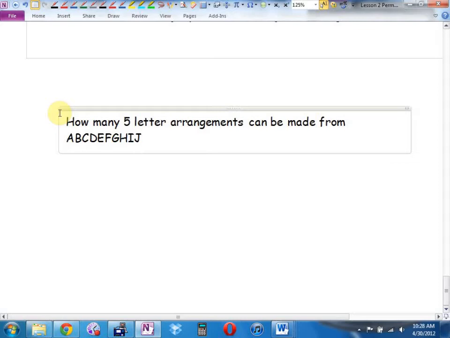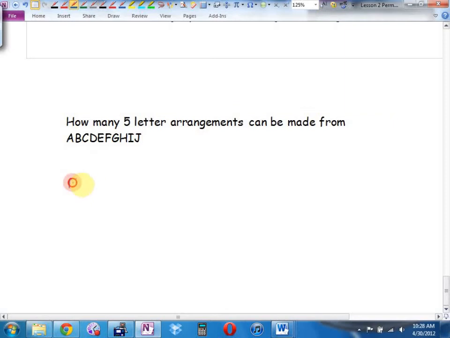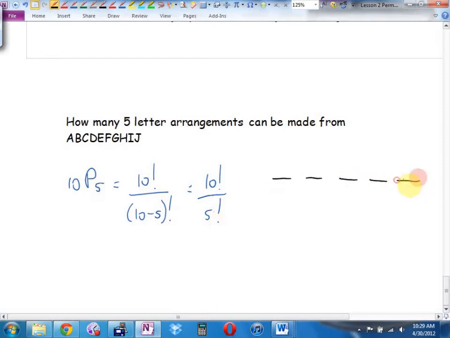It is 10 letters. It is 10 times 9 times 8 times 7 times 6 if I use the fundamental counting principle, because I could say, hey, 1, 2, 3, 4, 5 letters.